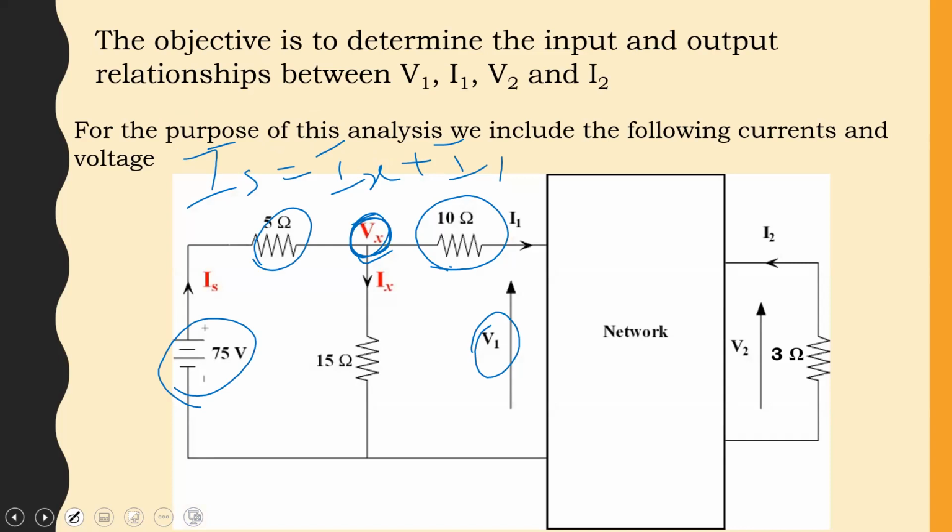But we need an expression for Is. Is is equal to the current through this 15 plus I1, as we said here. But this Ix is equal to Vx over 15. But that's not a problem because we already have Vx in terms of V1 and I1. So in that way, we are able to eliminate.